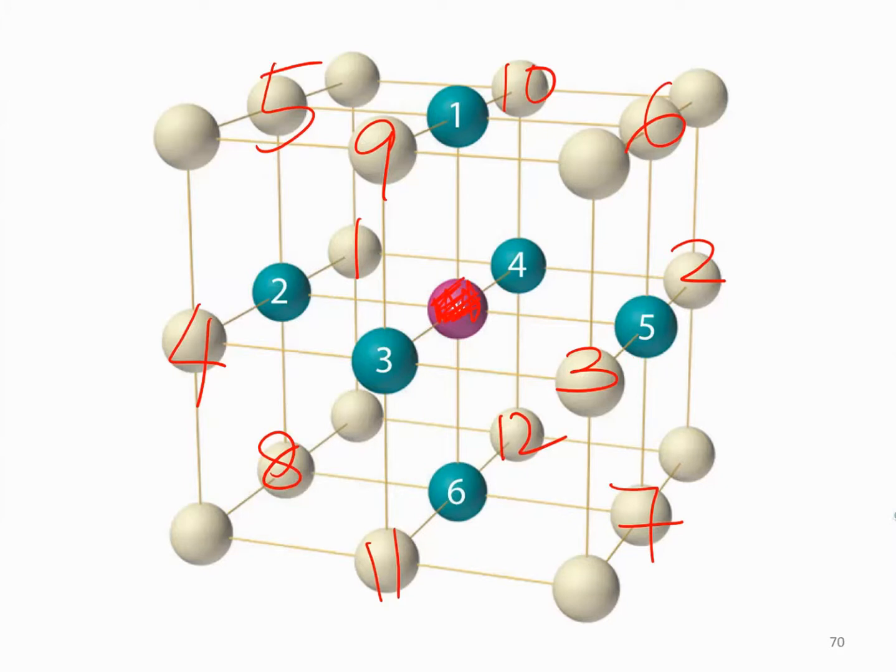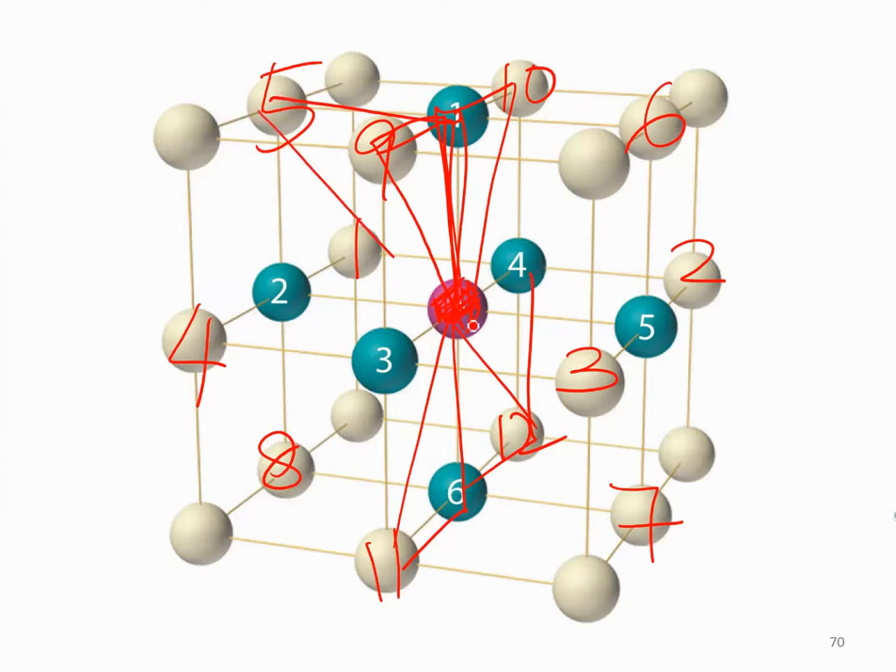Can you see that? Each is a hypotenuse of A and A. How about 5? Here to here is A, here to here is A, so hypotenuse. How about 8? Same. So they have the same distance.